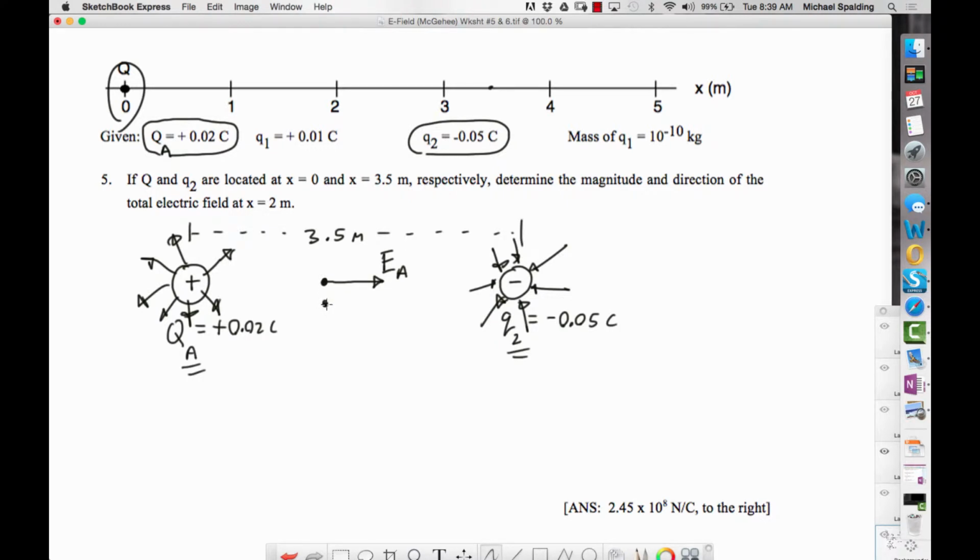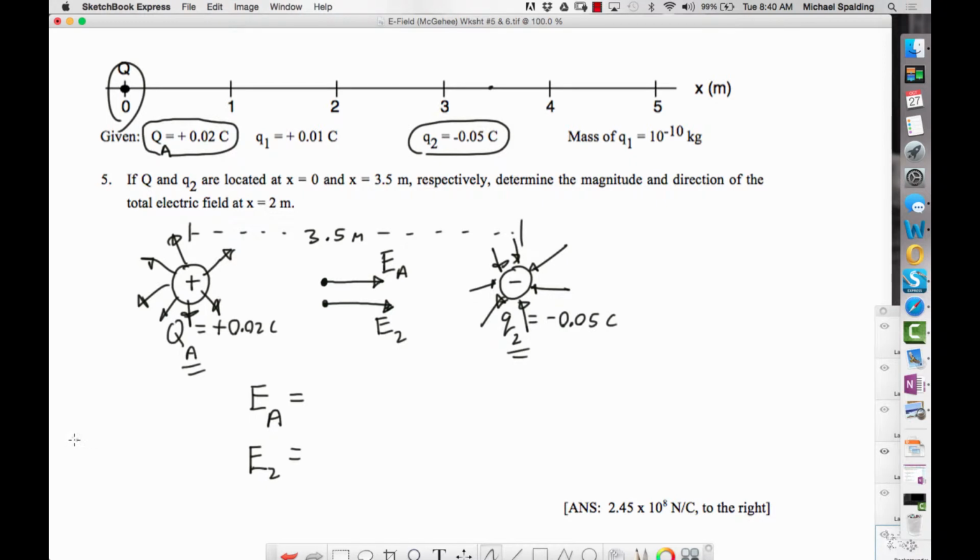It's going to the right. It's going in to charge 2. So that's the electric field from charge 2. So are these going to add to each other or subtract? They're going to add. So next thing is we find the electric field from charge A at that point, and then we find the electric field from charge 2 at that point.